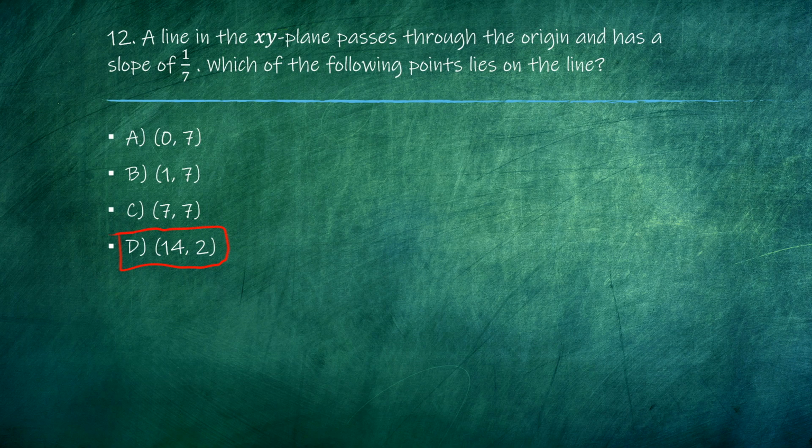One way to visualize this problem is by actually looking at the graph. And we know that origin means that it's 0 when x is 0 and y is 0. And we know that, once again, from our classic linear equation, y is equal to mx plus b, where m is the slope and b is the y-intercept.